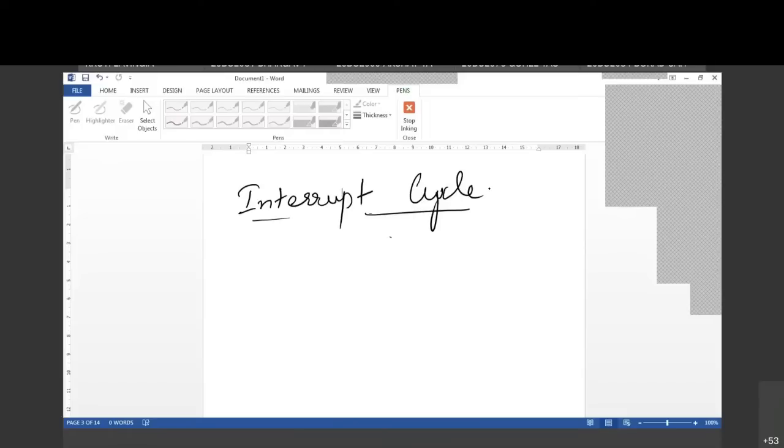During the normal execution of a program, an interrupt may occur, and when an interrupt occurs, we will have to change the control of execution of our program. Normal instructions are going on. We have studied all the normal instructions. It can be a memory reference instruction or any register reference instruction.